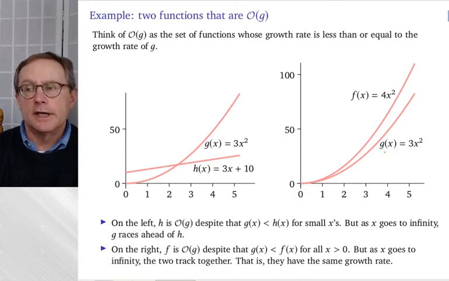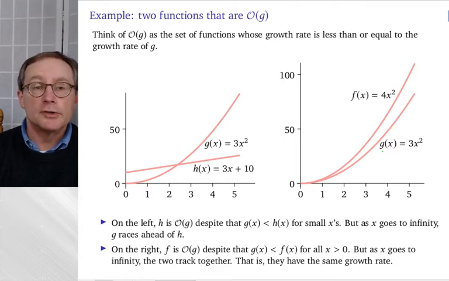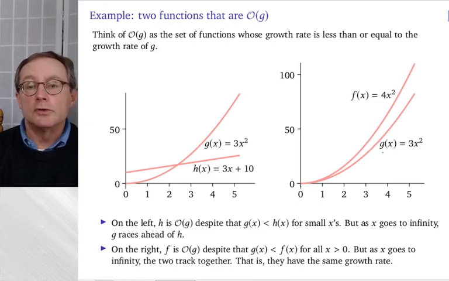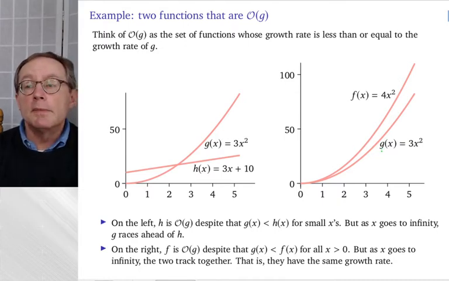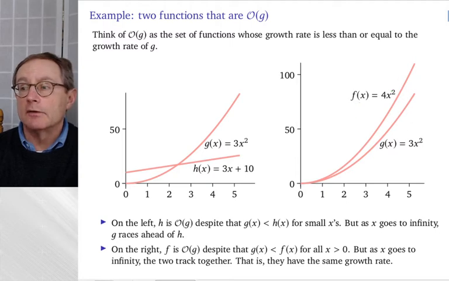So the question is, is there a constant that would make G above F? Yes, the constant, for example, anything bigger than 4/3, how about 2, makes G above F. If you can make G above F by multiplying by a constant, I'm not talking about multiplying by x, I'm talking about multiplying by a constant, then you say F is big O of G, or F is an element of big O of G. That is to say, these two really track together.